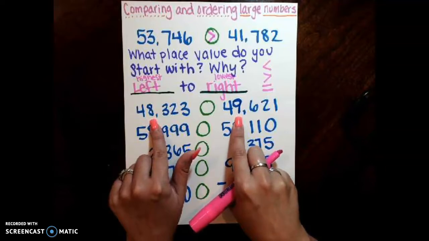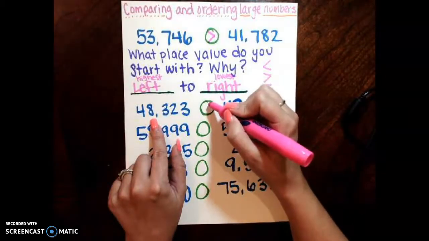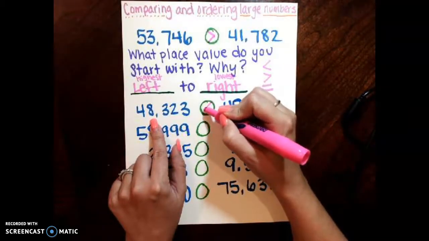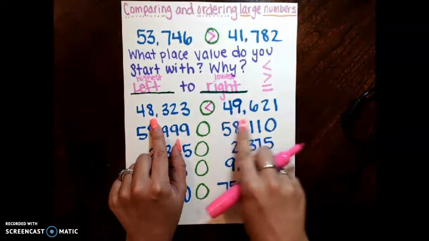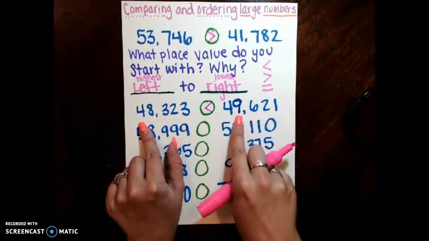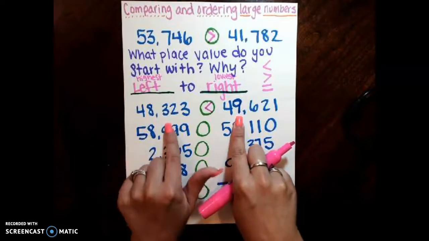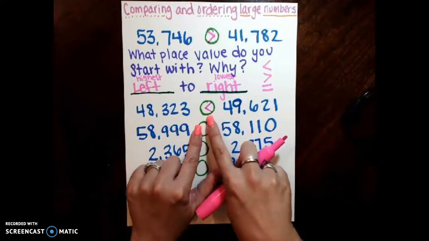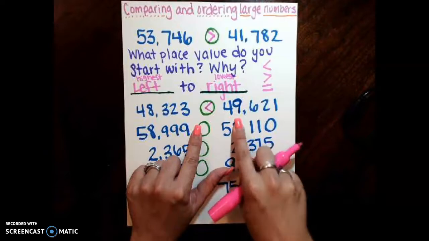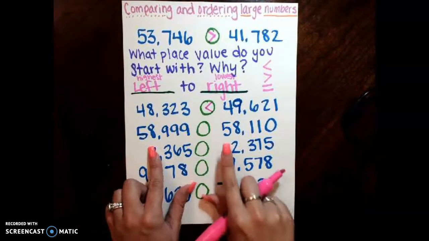So I know 8 is less than 9. Remember, my mouth wants to eat the bigger portion. So right there tells me this number is going to be greater than this number because that 9 is bigger than that 8. Okay, let's keep going. So 48,323 is less than 49,621.